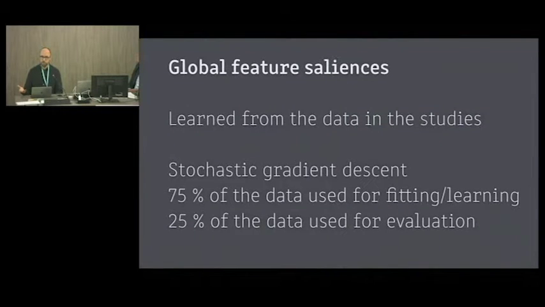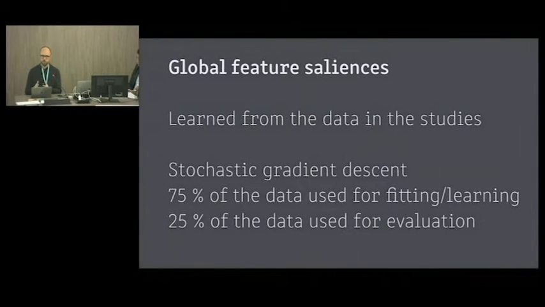So what I've done is a little bit of machine learning. I took part of the data and used it to train a model. I can discuss later how this was done. But essentially, you create, iteratively, a hypothesis about the global salience, and you test it against the data.